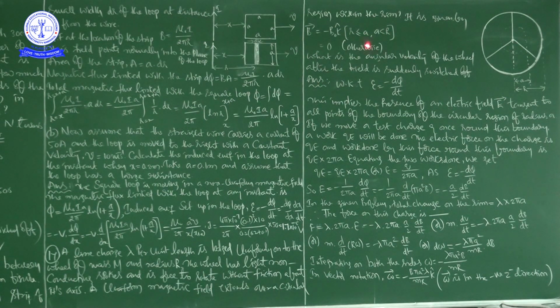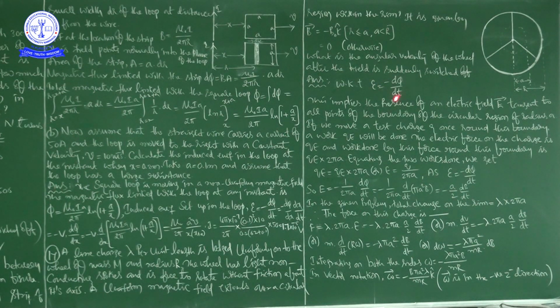It is given by the condition. Now the figure is related to this; you can get this information from the picture. It is a and it is capital R. Now, what is the angular velocity of the wheel after the field is suddenly switched off? So this is what we have to calculate based on the given data and the picture.